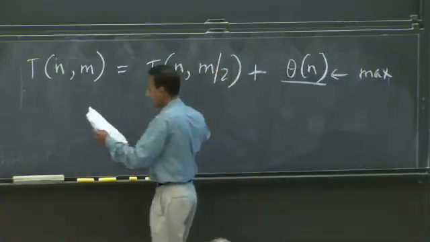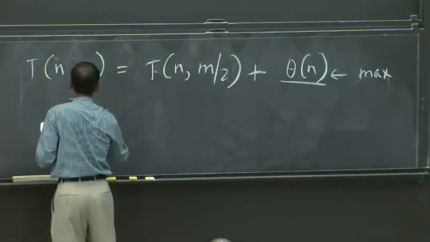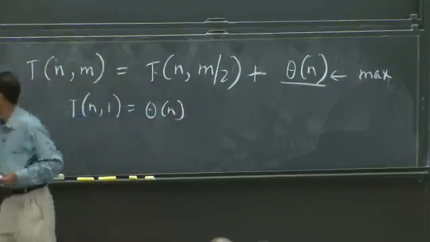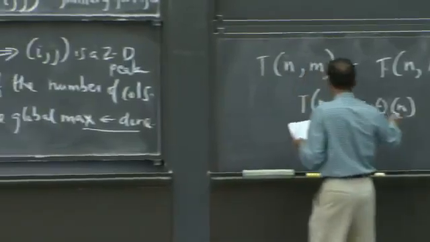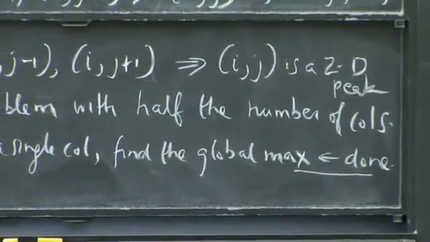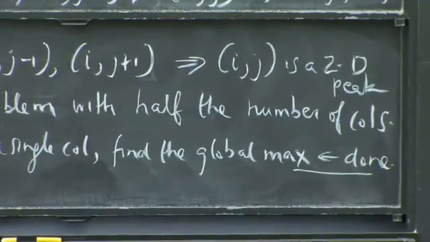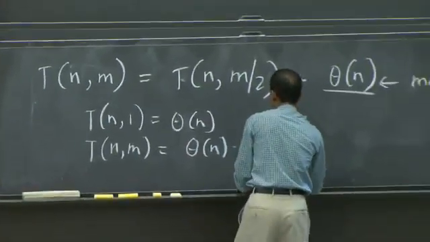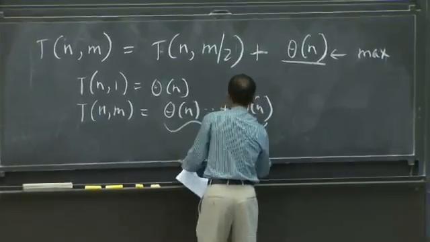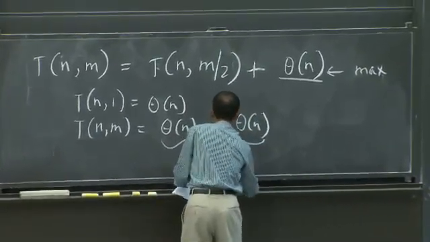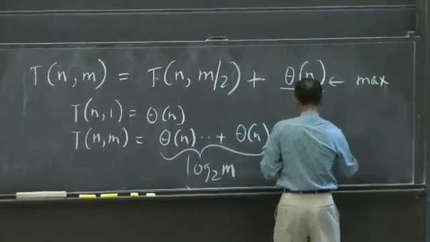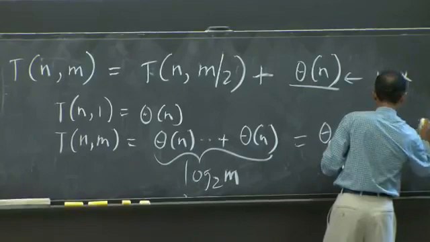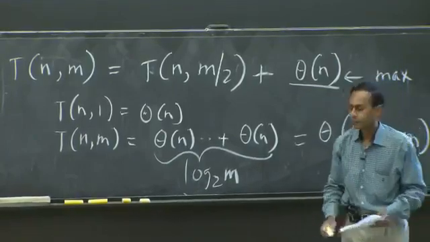And if you run it through, and you know that T(n, 1) is theta of n, which is this last part over here, that's your base case, you get T(n, m) is theta of n added to theta of n log 2 of m, which is theta of n log 2 of m. All right?